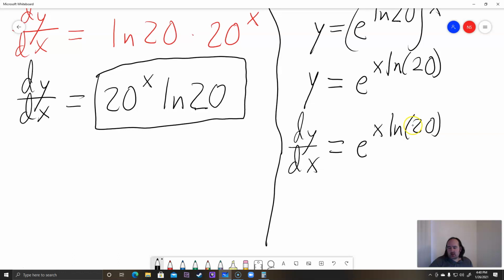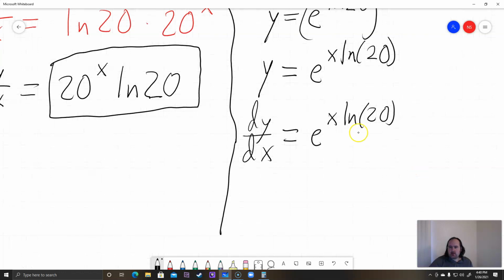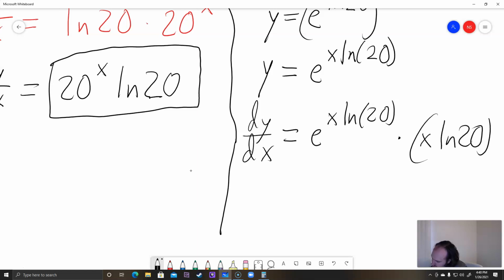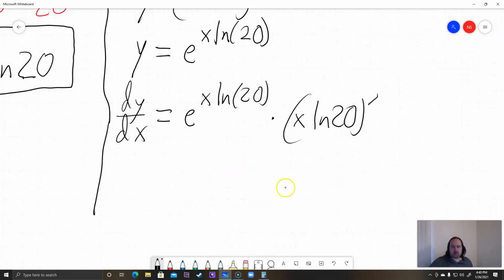So the derivative of a constant times a variable is just going to be the constant. So when we do the chain rule here, we multiply this times the derivative of x ln of 20. So I'll write x ln of 20 prime. This x goes away, and we actually just get ln of 20. Okay, so that's how we end up with e to the x ln of 20 times ln of 20.